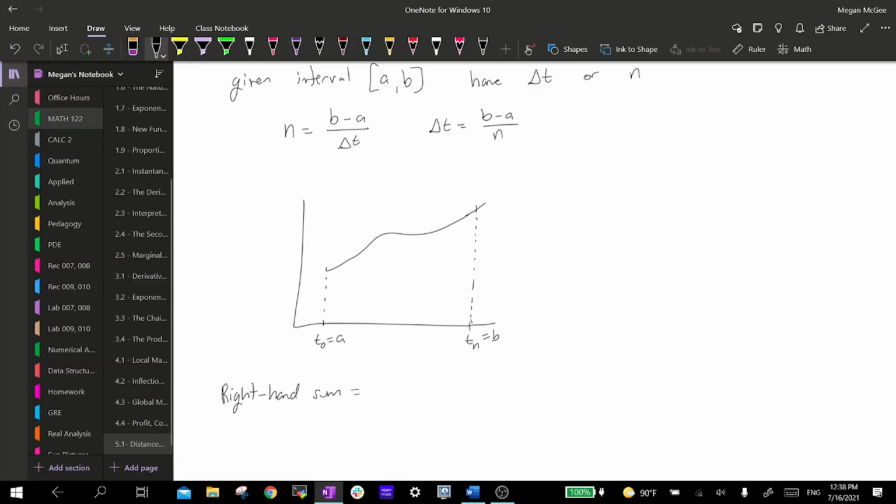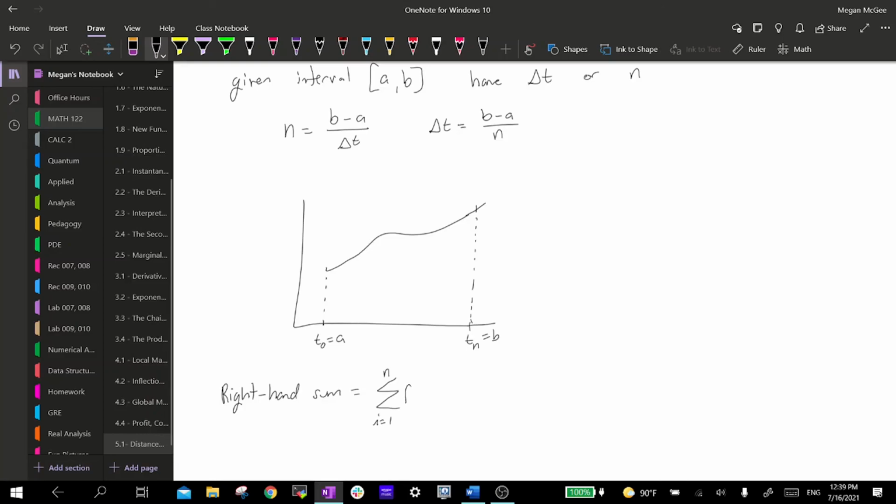Well, we use what's called summation notation, so we get this little zigzag going on. We're going to start at i equals 1 and go up to n rectangles.